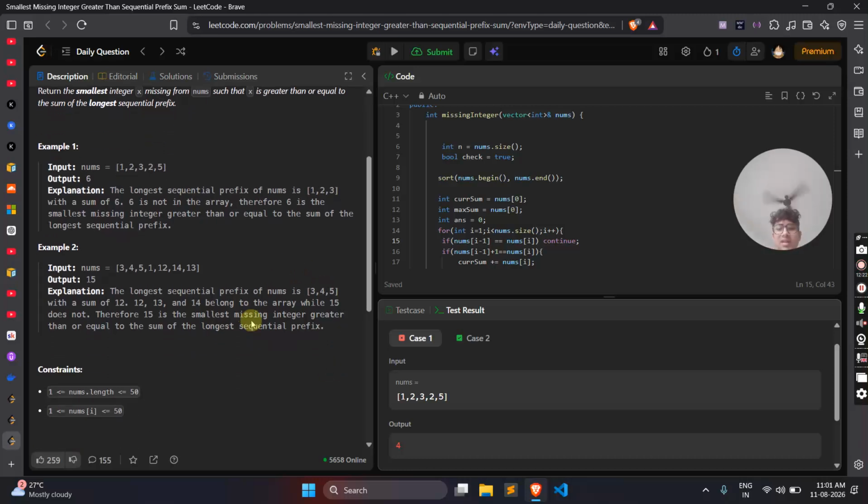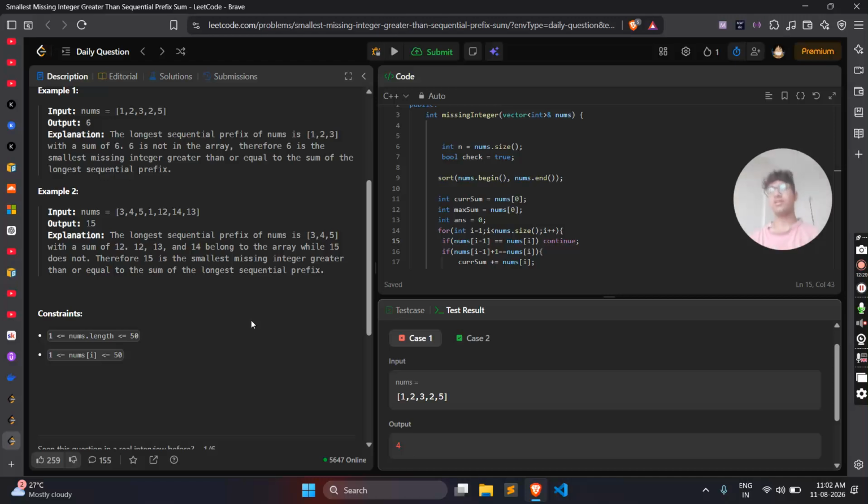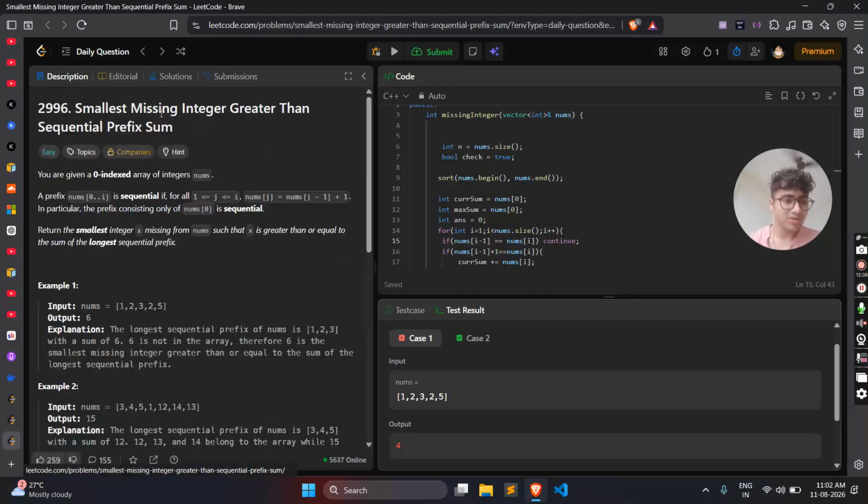I don't know why the question is feeling a bit confusing right now. Because the first test is okay, we got it. How are we getting six, right? The question says a prefix nums[0..i] is sequential if for every i there is a j where nums[j] is equal to nums[j - 1] plus 1.